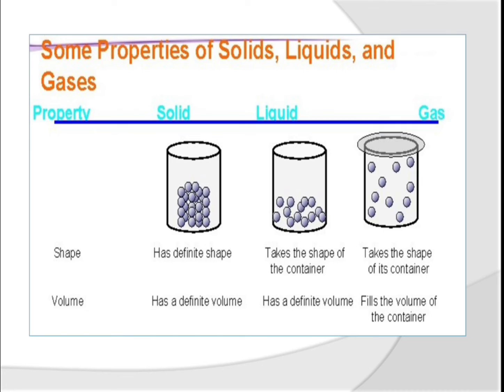If you take some gas and close it, then it takes the shape of that container. The air gets molded into the shape of that container, and it also fills the volume of the container. If it is overflowing also, we can't see. So it has no fixed volume and no fixed shape.